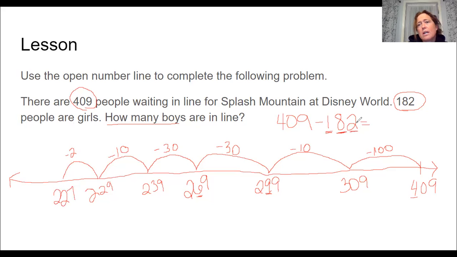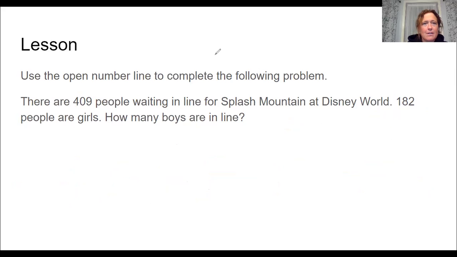So 409 minus 182 is 227. All right, now you could have also done your number line where you would draw it and you would start at this end with the 182 and you would add up until you got to the 409 and you would still get 227.